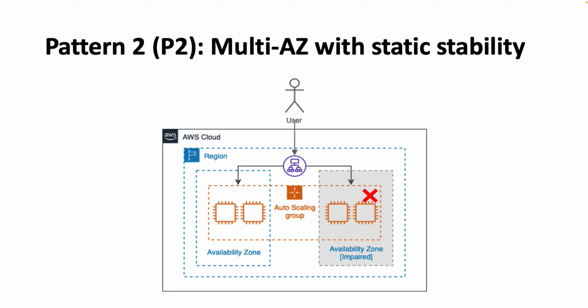Implementing P2 requires your application to support distributed operation across multiple instances. So you can optimize: if your application can support this pattern, you can deploy your workloads to all the available AZs, usually three or more.